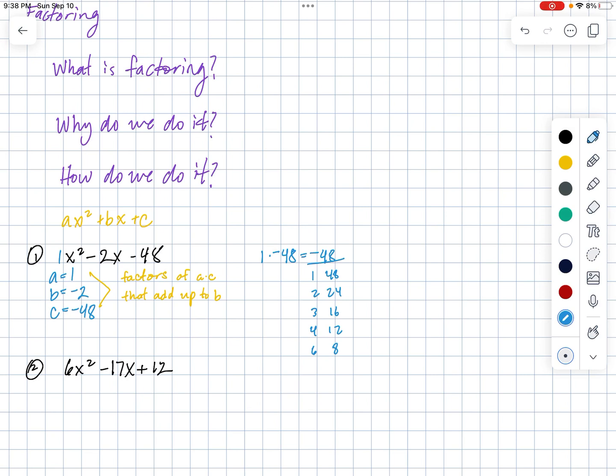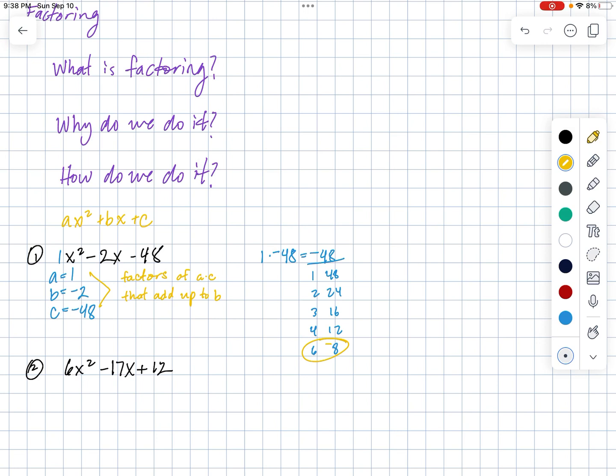Also, the 2 is negative, which tells us we're going to have to deal with some negatives. Since the product is negative, we know that one of the 2 factors has to be negative. They both can't be, but one will have to be. And we can see that if you make the 8 negative, then when you multiply those, you get negative 48, and when you add them, you get negative 2.